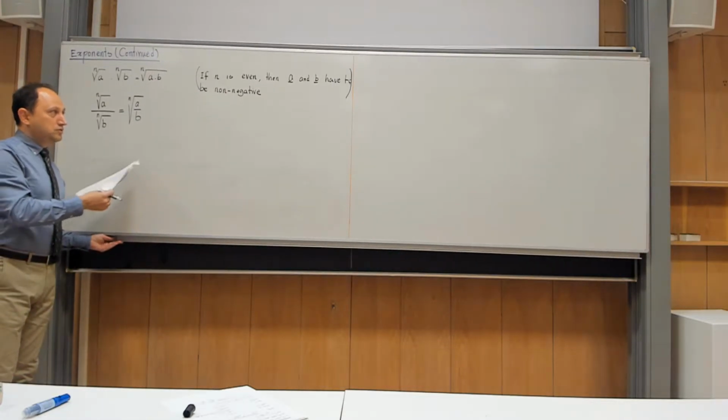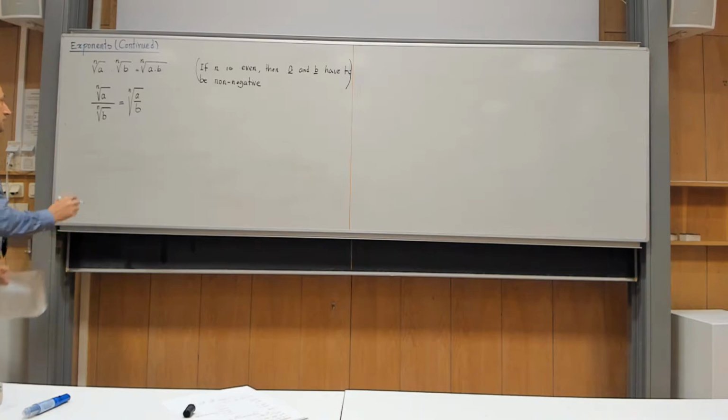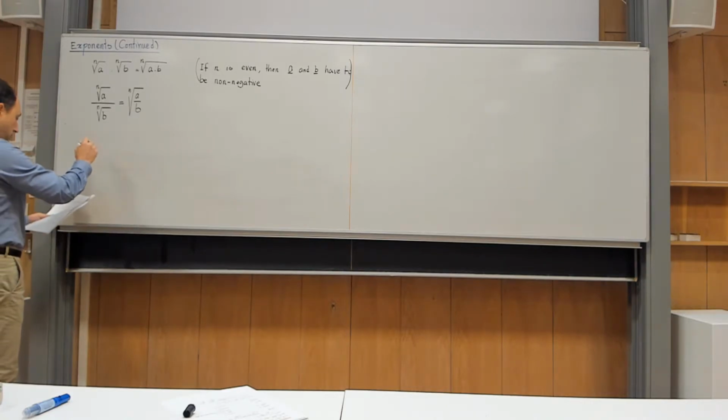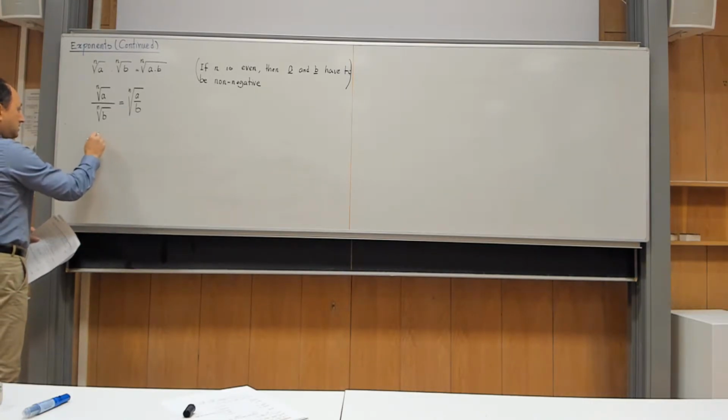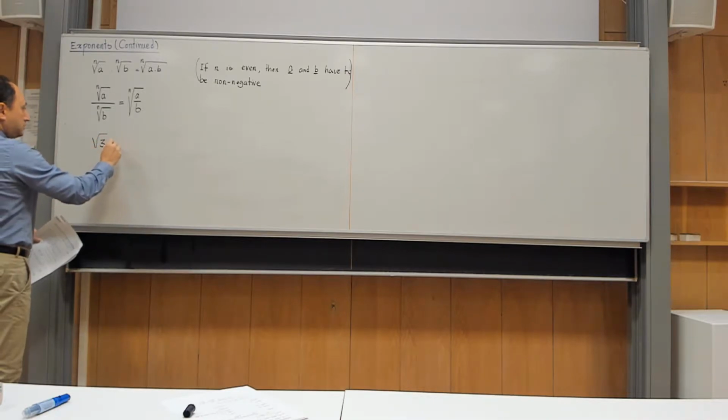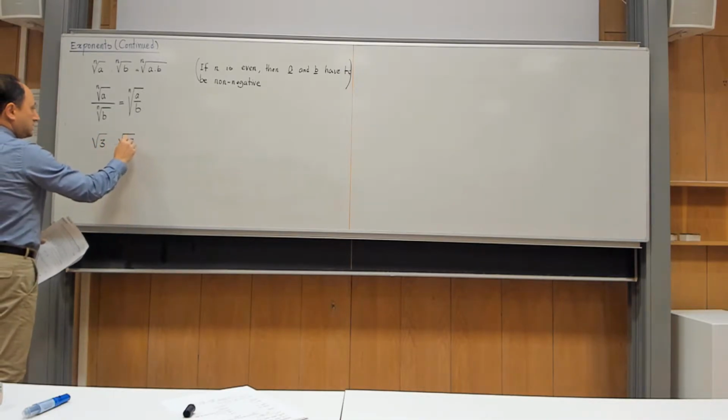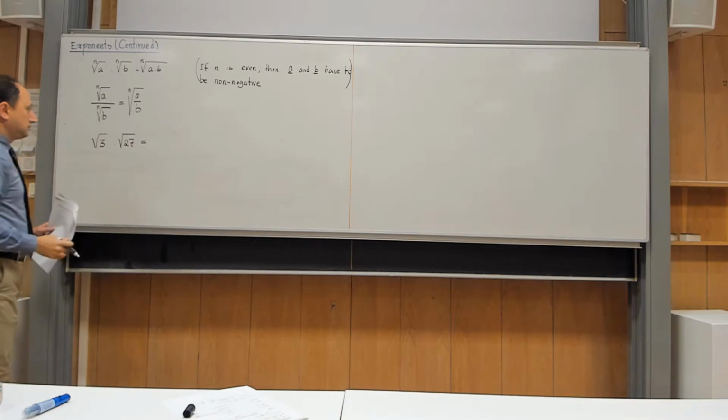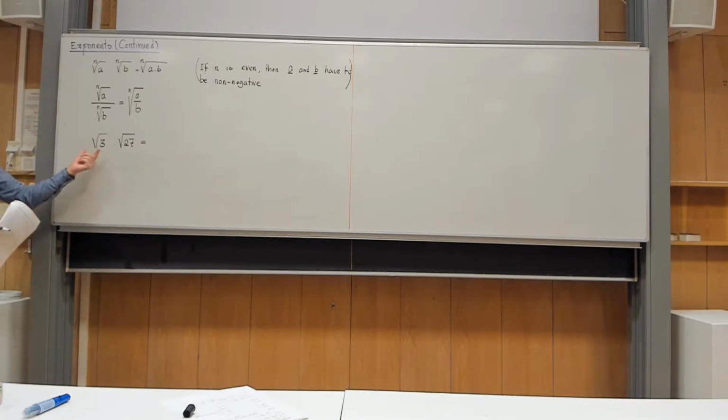Okay, I just want to write some examples for you to see. If, for example, someone asks me to calculate the square root of 3 multiplied by the square root of 27. First of all, are these two numbers defined?